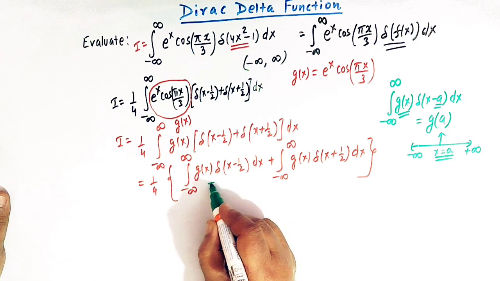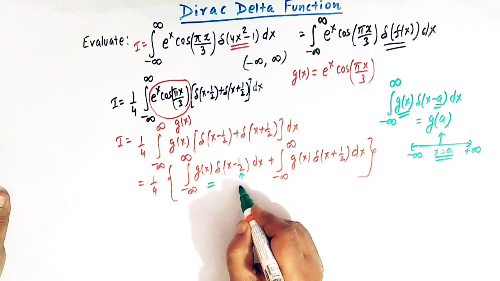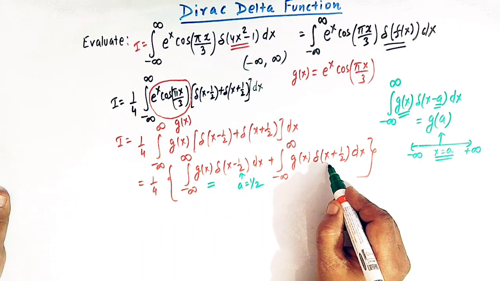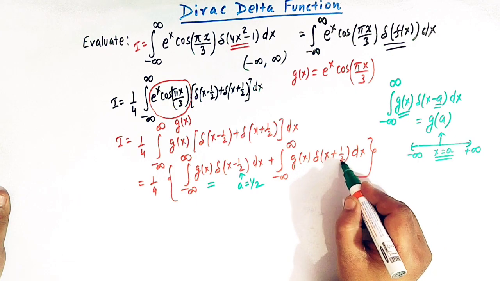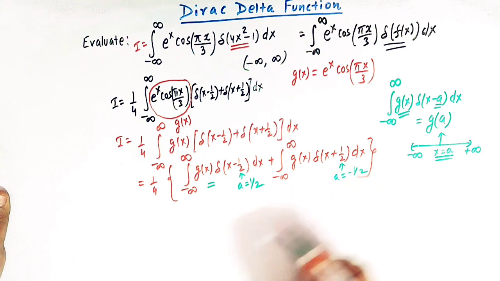So in the first integral we have x minus half, so the value of a is equal to half, right? And in the second integral we have x plus half, so the value of a is equal to minus half.